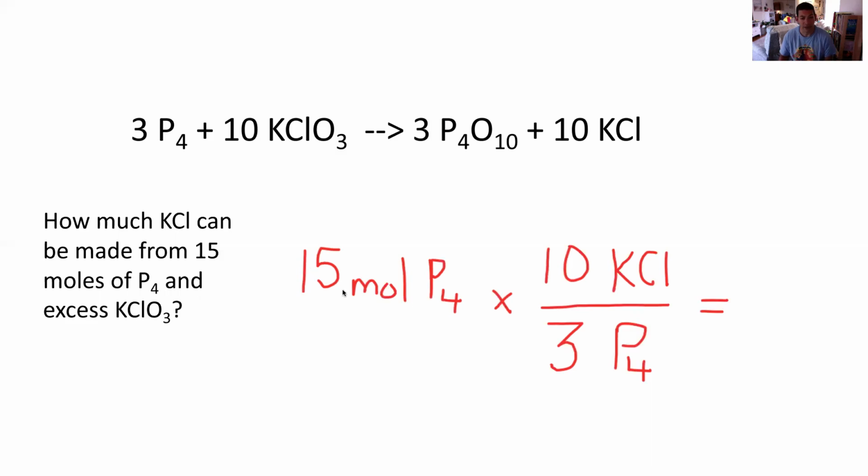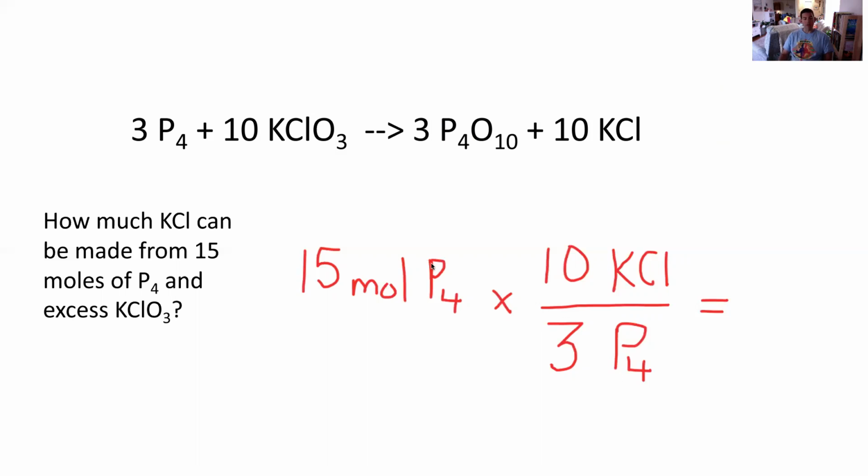We're going to take our 15 moles of P4, that is our given. We're going to multiply by this mole ratio. Again, the mole ratio uses the coefficients from the balanced reaction, but it only works if you're using moles. You cannot use grams.